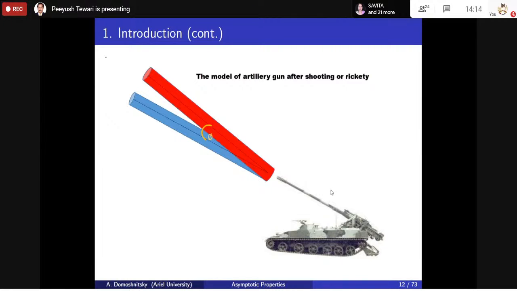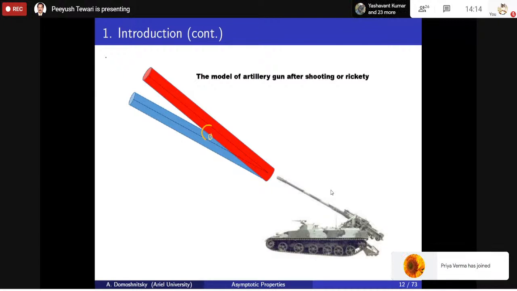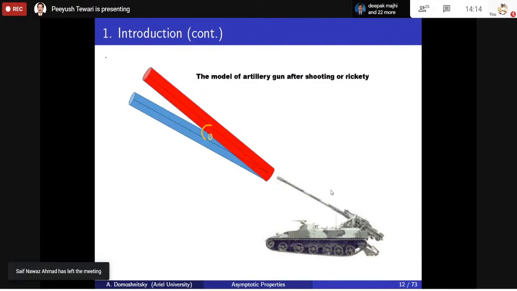The same problem is in the area of an artillery gun after shooting. What do we have to achieve here? We want to achieve that stabilization will be very quick, and then our artillery gun is ready for the next shooting.